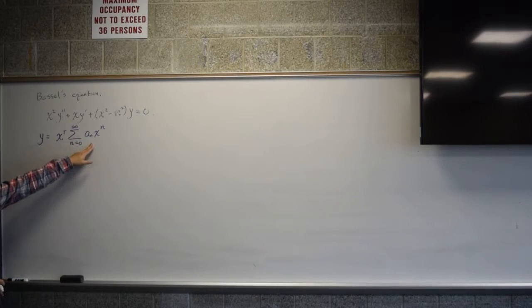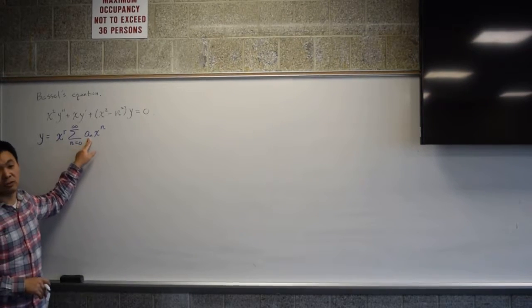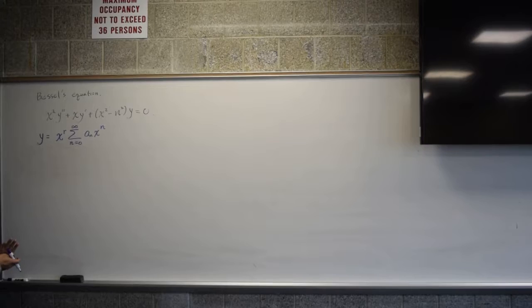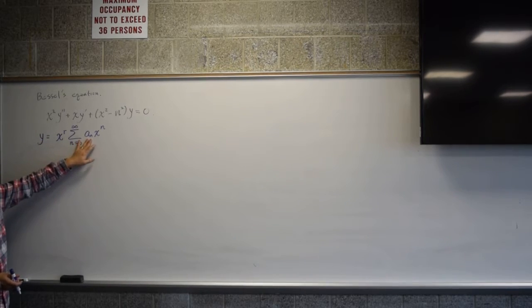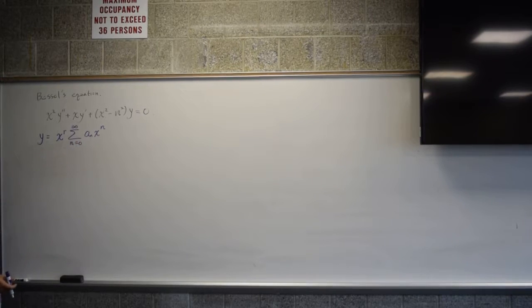So you will find out that all the coefficients an are either 0 or it depends on a0. So that's what you're going to find. And in some rare cases you do have two free variables, which means you found the most general one. But in most cases, you'll just find one of them.